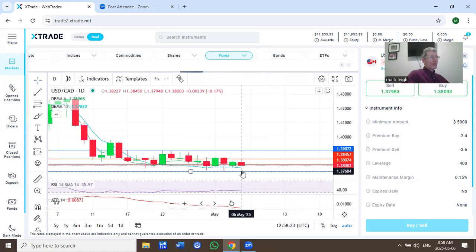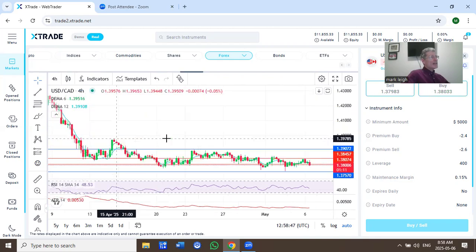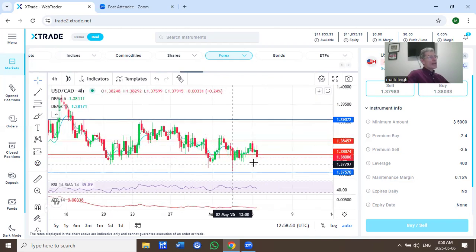Daily support 137.60, daily resistance 139, 150 pip range, and there's the narrow on the 4-hour between 138.06 and 138.40, so under 50 pip range and sitting right there now. That's on the daily, and even on the 4-hour and the hourly, you can see how flat and sitting right in the middle of the range for now.